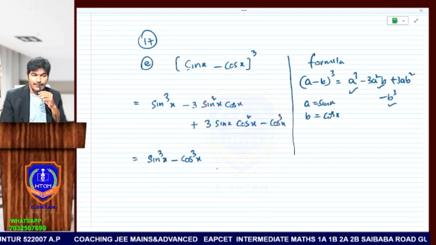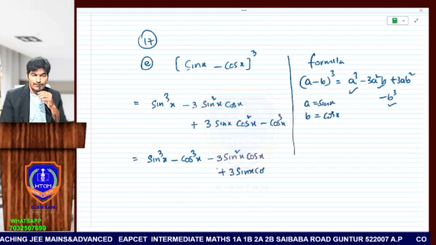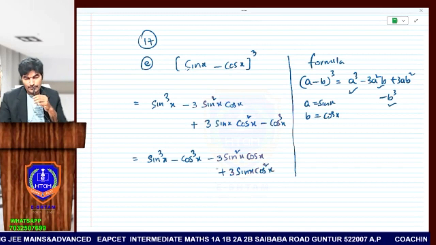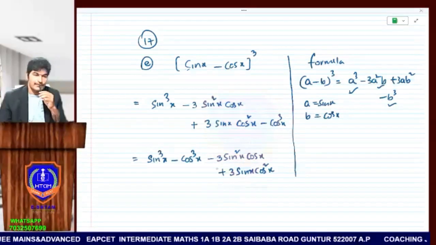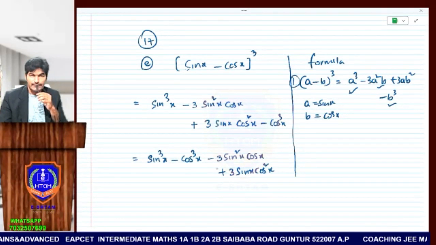Next thing, we will mention the remaining two terms, the middle terms. The middle terms are minus 3 sin square x cos x plus 3 sin x cos square x. This is a very easy sum, but you have to know some simple algebraic results. The first one I already told you, a minus b whole cube.